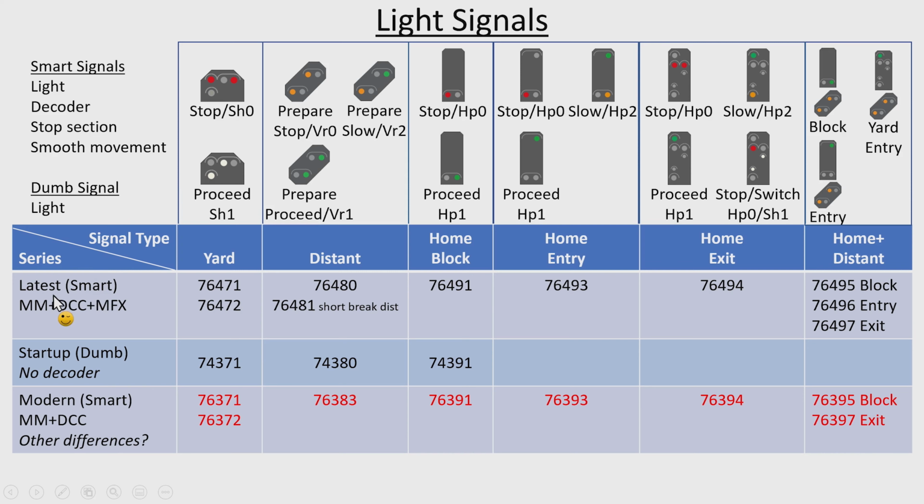If we look at the latest smart version here, you can see there's different types of the yard lights. One is actually one that's at the ground, the other one is at a mast. For the distant signals, there is actually a version that's kind of the standard version, but then there's also another one that indicates, hey, there's a short braking distance until the home signal.